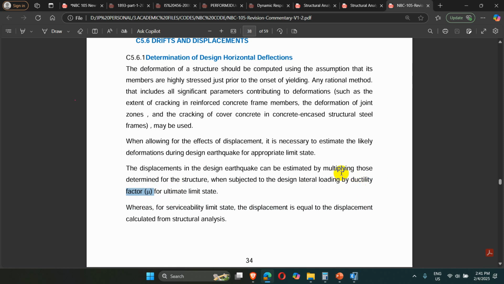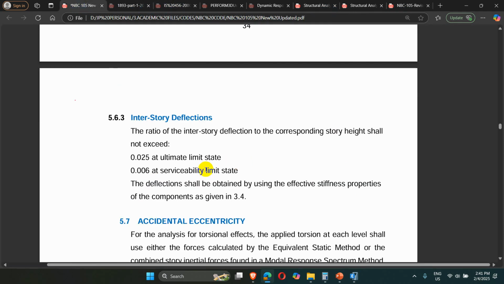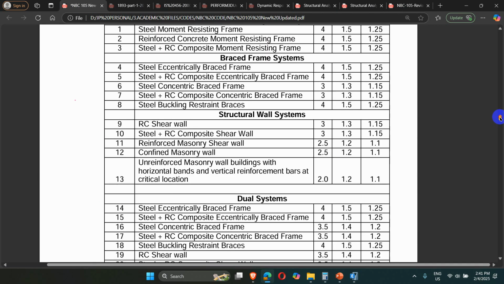So if we go into the ductility factors, let me go to NBC 105-2020. This value can be divided by the ductility factor in order to be consistent with the analysis in ETABS. So let me turn to the ductility factor here.